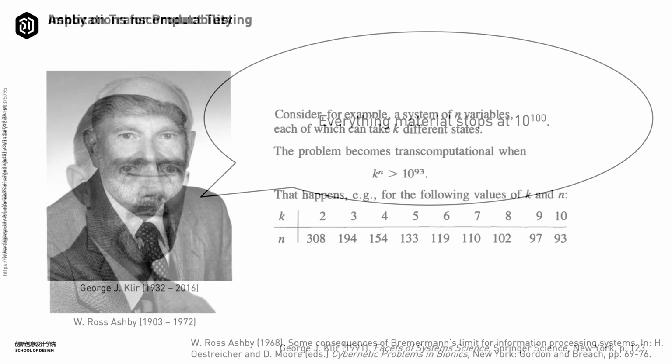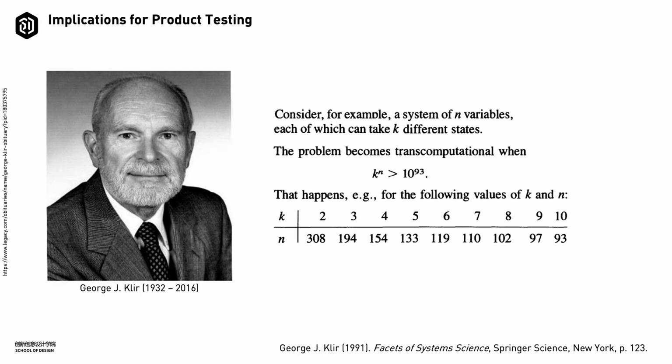For example, George Clear wrote in a paper about software testing. If you have a system of n variables, each of which can take k different states. Let's say, for example, you write a little script on your computer, and your script has 308 variables, but each variable can only be 1 or 0.